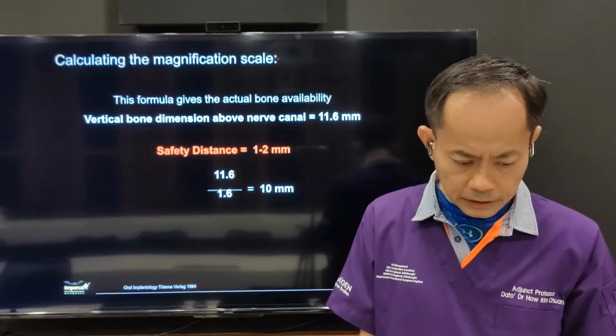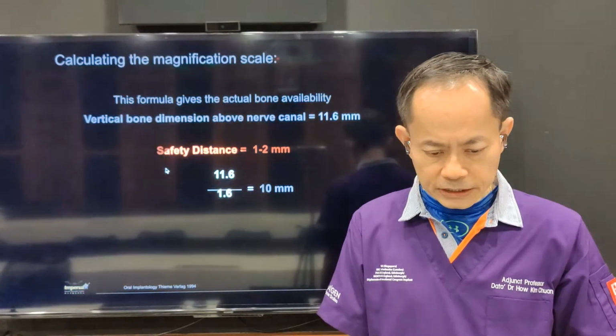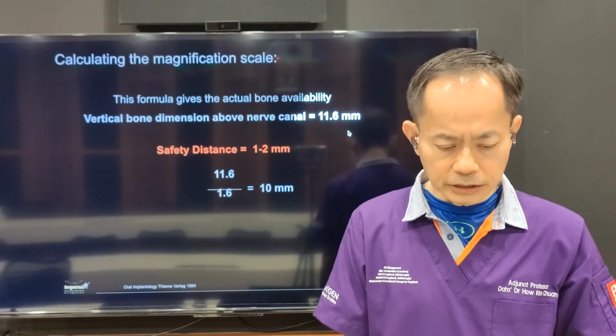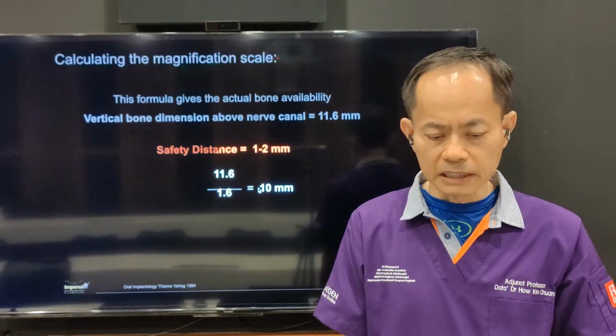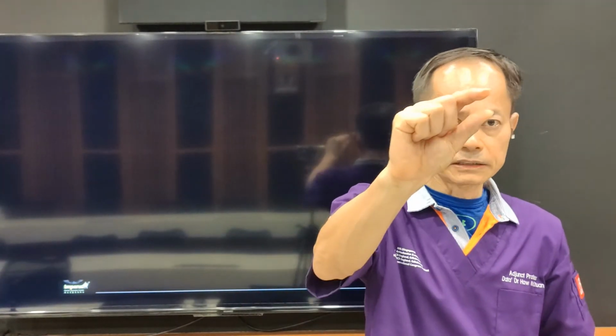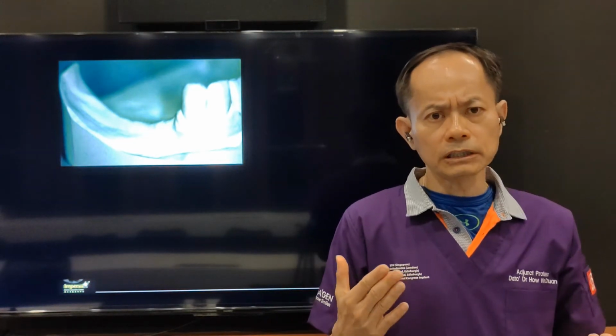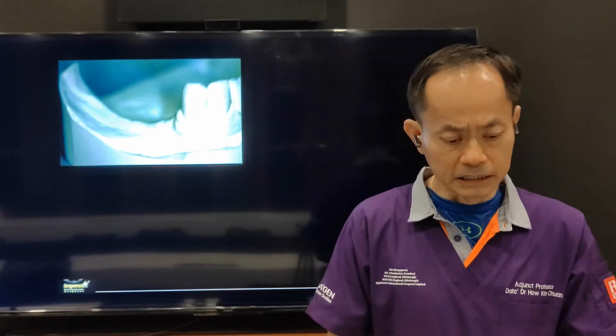Say, for example, if we measure from the x-ray it is 11.6, but the actual length is only 10 millimeters, meaning that the nerve is actually nearer in the actual position than what appears in the x-ray. So this is the reason why sometimes the clinicians may make a mistake.